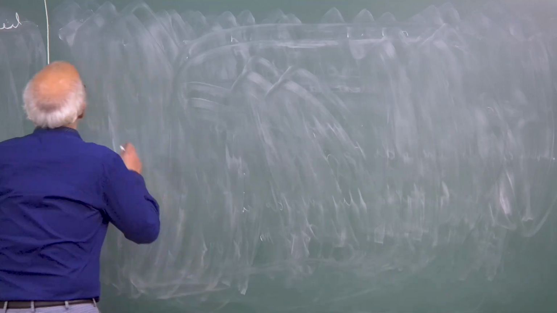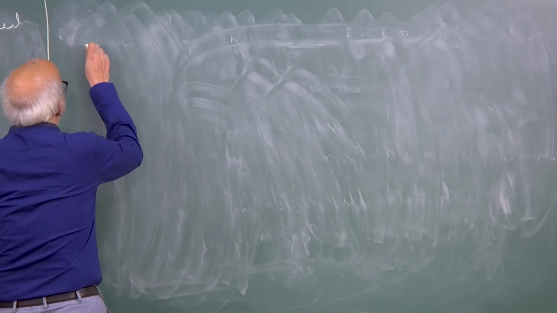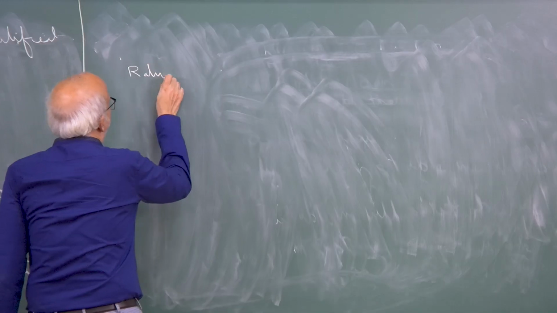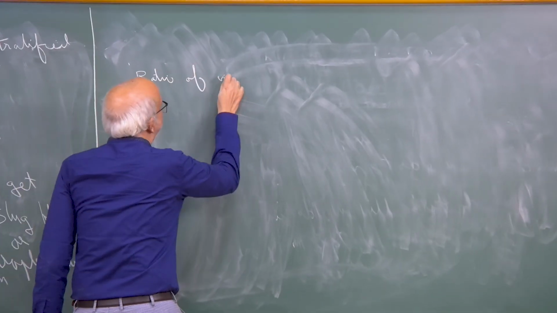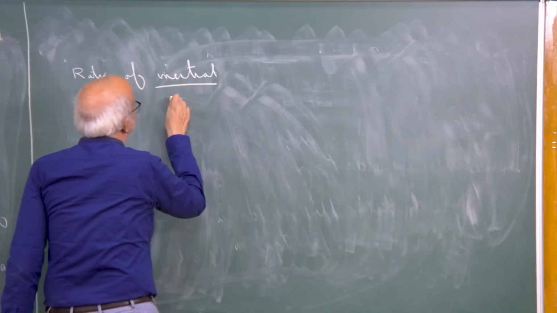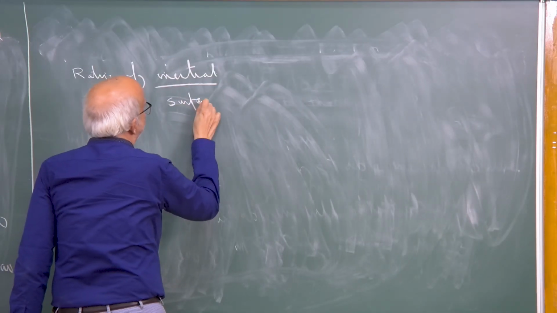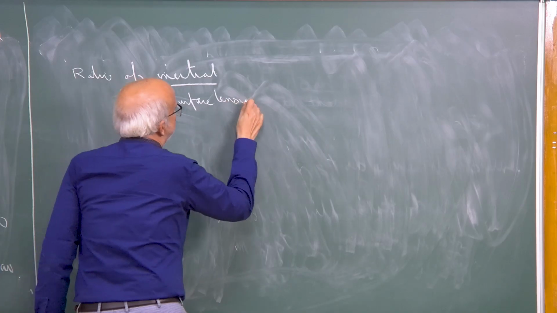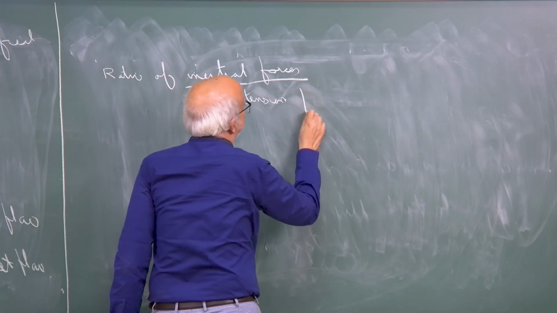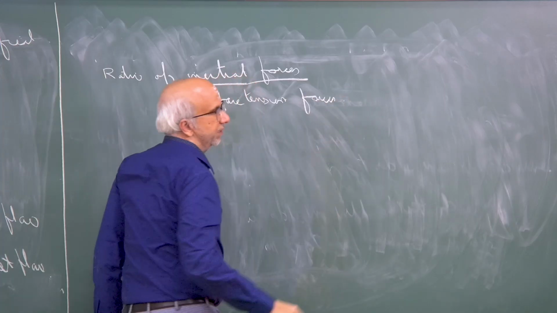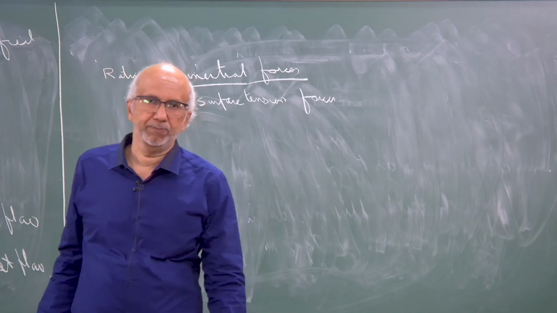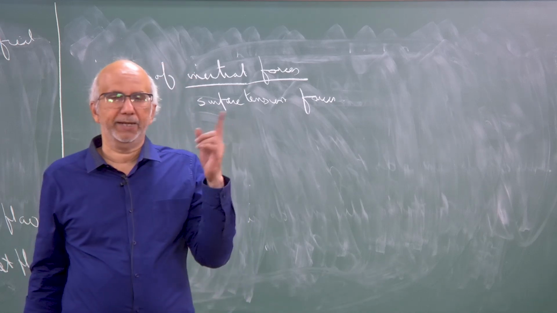okay. So basically, the ratio of inertial to surface tension is the ratio which is going to decide the flow pattern, okay. If this is high, I get stratified flow.